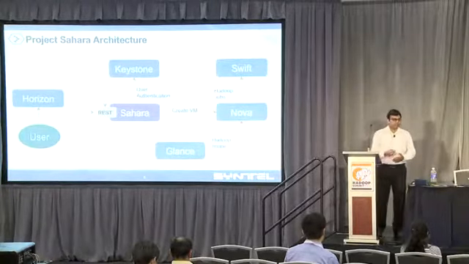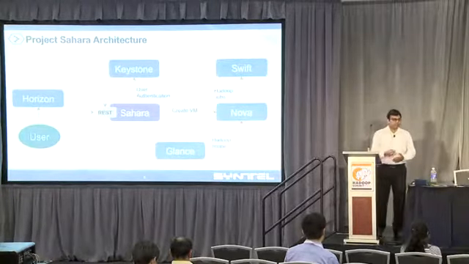It also utilizes the Keystone component of OpenStack, which is used for authentication. When the user submits a request to provision a cluster, the user is authenticated by Keystone, and then is allowed to act within OpenStack.